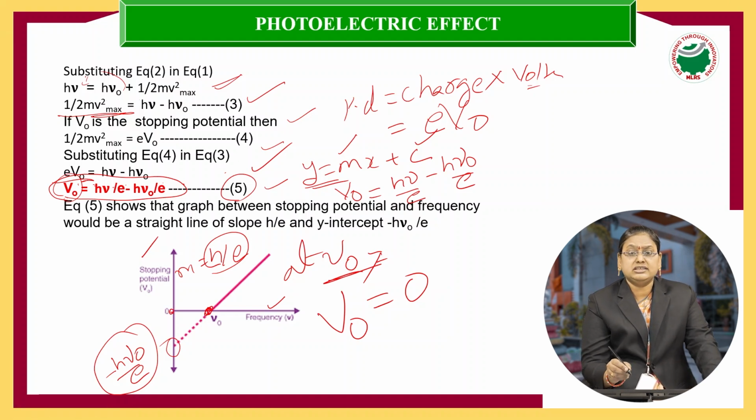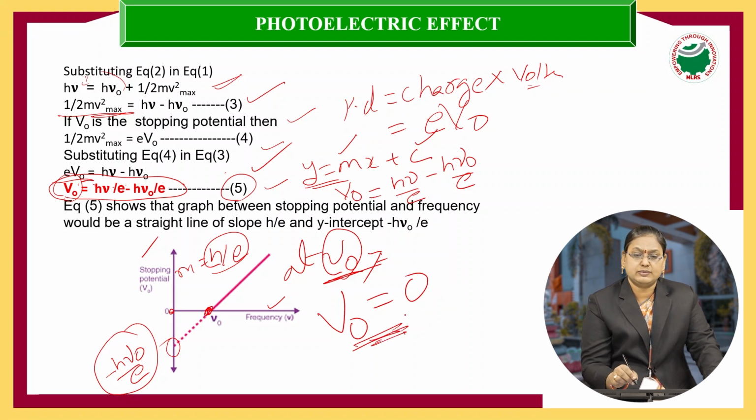That means we know that at threshold frequency it only just emits electrons, and the kinetic energy is 0. Stopping potential is used to make the kinetic energy 0. At threshold frequency, since there is no kinetic energy, there is no need to apply stopping potential. So stopping potential value is 0.